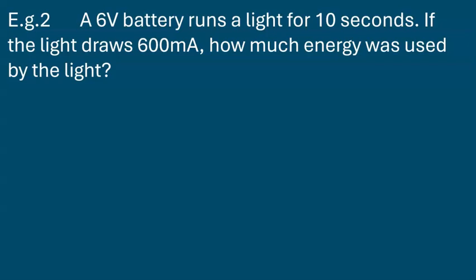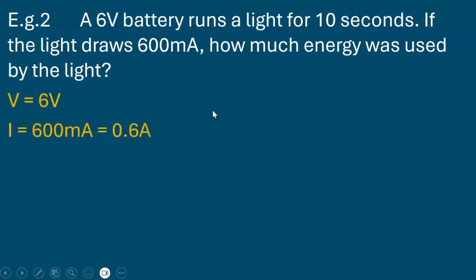Example 2, now we want to be talking about electricity. A 6-volt battery runs a light for 10 seconds. If the light draws 600 milliamps, how much energy was used by the light? Okay, so the voltage is 6 volts. To keep all those units working together, we've got to convert the milliamps to amps: 0.6 of an amp.